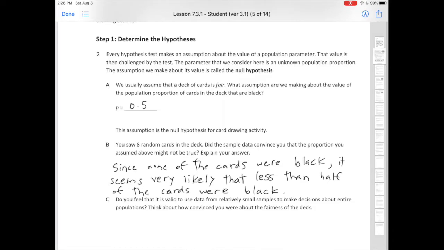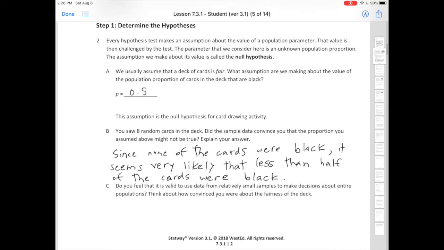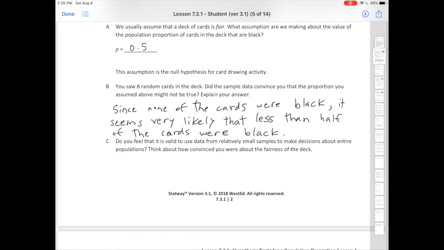How can we say that a deck is not half black if all we did is see 8 cards? We need to be comfortable with the fact that we are never 100% sure of anything in statistics. However, we base our results on what is most likely to be true. In other words, we are usually going to be right in statistics.